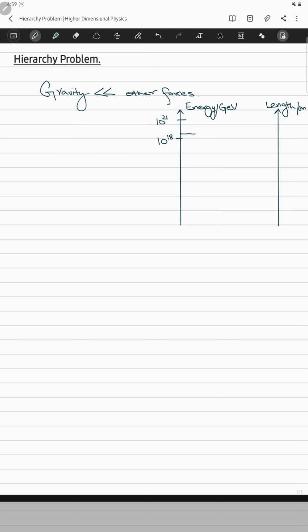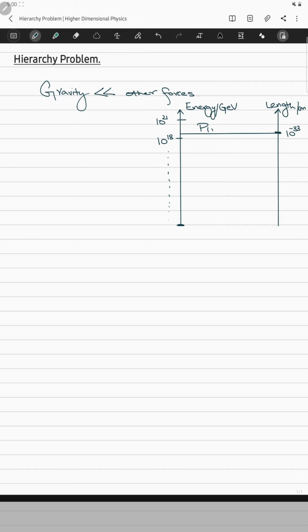So the Planck scale lies somewhere over here, and we know that the length of this Planck scale is 10 raised to power minus 33 centimeters. Then you have to go down by a very large amount in terms of energy, and you have your weak scale over here.